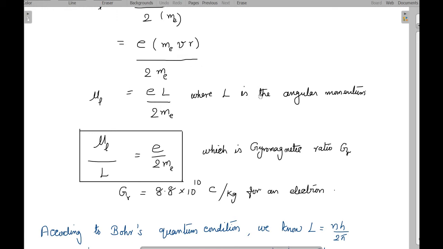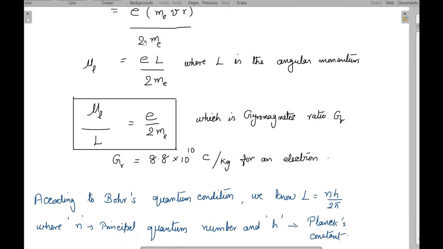Capital L is m v r. Here m means mass of the electron, me. So we got the equation mu L equals e into capital L divided by 2me. Now, what is the ratio between orbital magnetic moment and angular momentum?